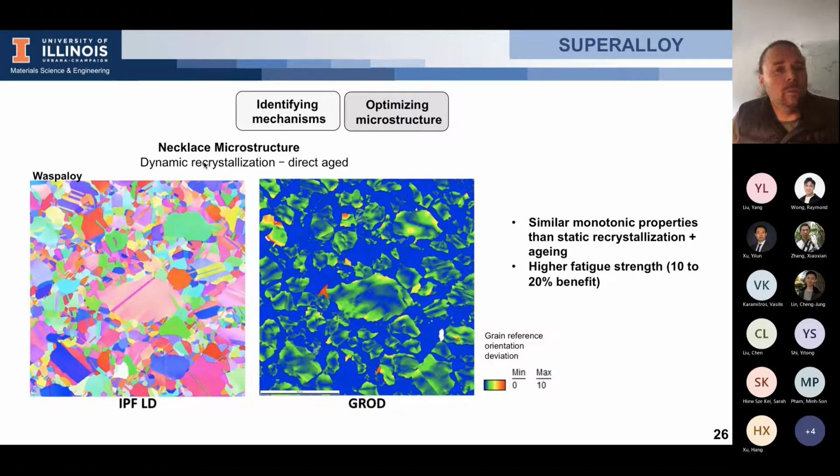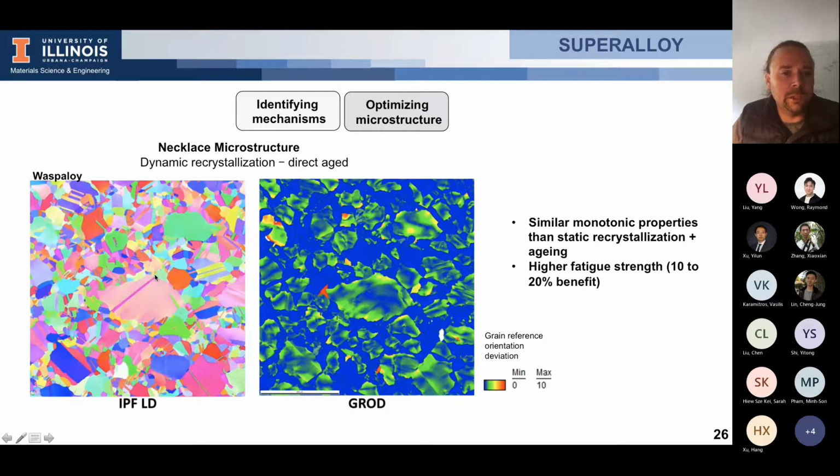And I just want to show you one specific example, which has been investigated in the literature, and we didn't know why this specific microstructure displays higher fatigue strength. So you have a microstructure we call necklace. It's a nickel-based superalloy. You have large grains. These grains are not fully recrystallized, so you have lattice rotation.